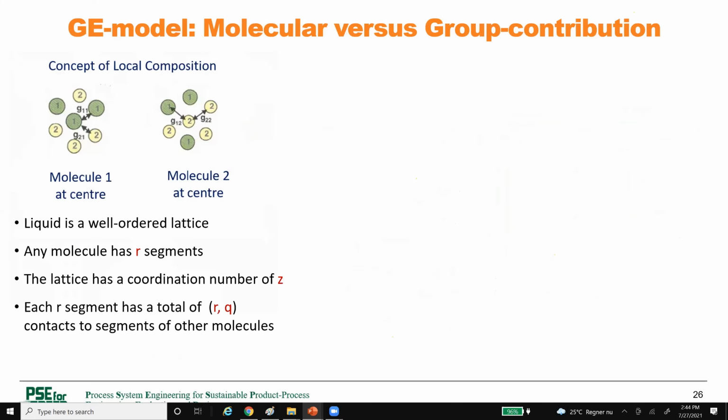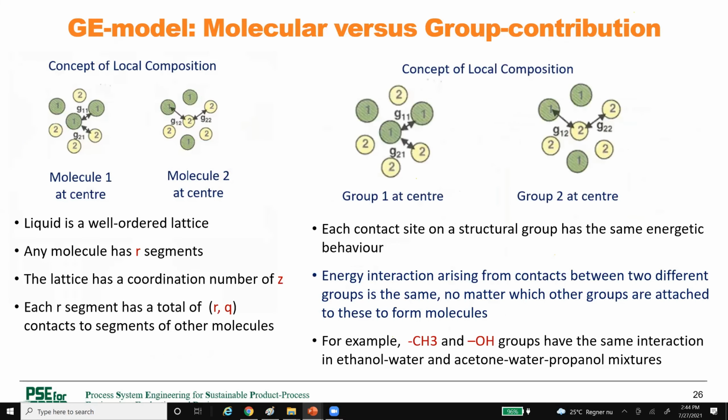But with respect to the groups, it's not the molecules which are near to each other, it is the groups. So the number of parameters can be large or small depending on the mixture.